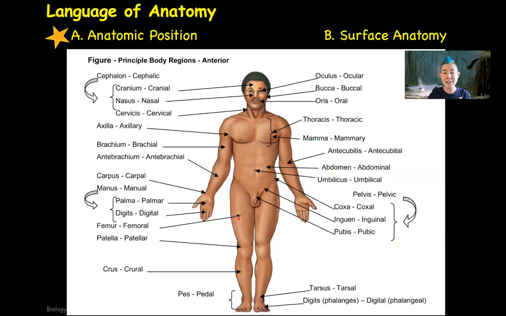The thigh, this upper part of the lower limb, the leg, that's the femoral region, named for the femur bone that it contains. The anterior part of the knee, where the kneecap is the patellar region. The anterior part of the lower leg, or the lower part of the lower limb, is the crural region.